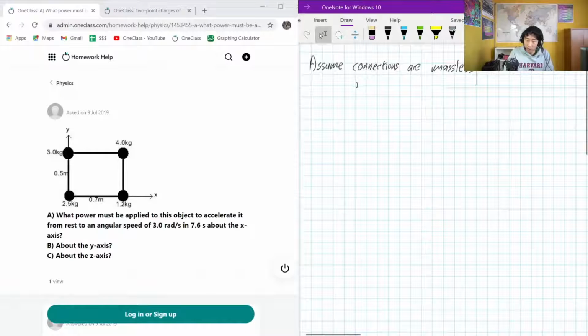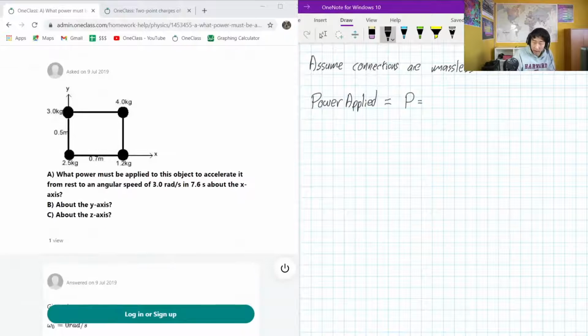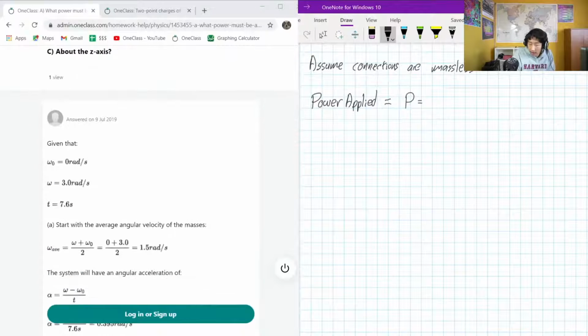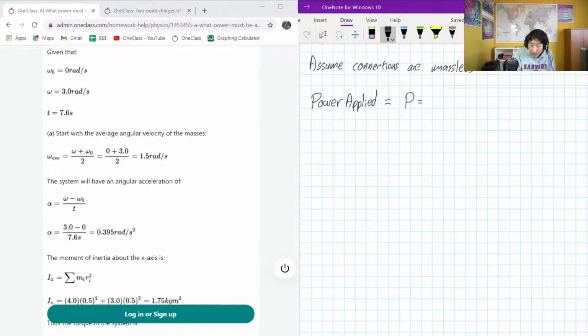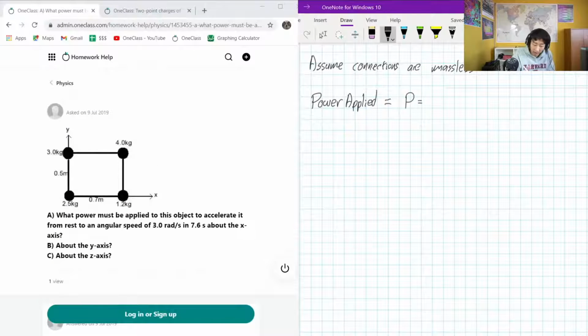Okay, cool. So it's asking us for the power applied, and let's represent that with the letter P. Seems reasonable, P for power. And how we want to find this is we want to take the torque that is required to get this spin to happen, multiplied by the average angular velocity over the acceleration.